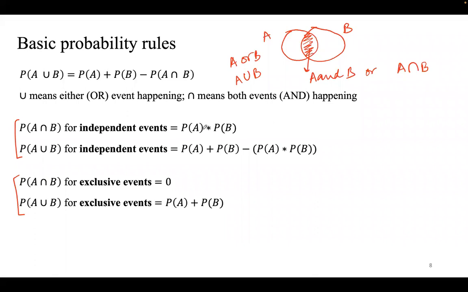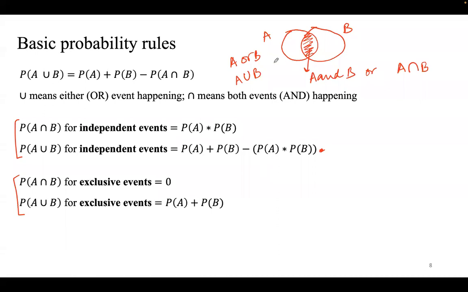Then you can plug this in, so the union becomes probability of A plus probability of B minus the product of the probabilities. This formula we are going to use a couple of slides down.